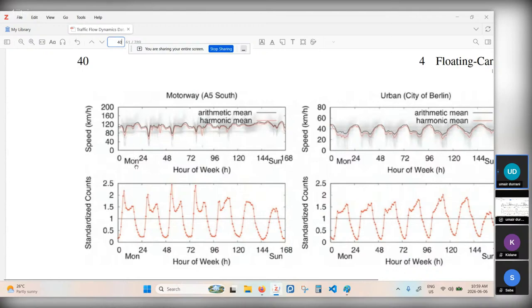Similarly, on a weekday, we can see that there are dips. So, for example, between 0 to 24 hours, we have Monday, and we see this dip in the speed, which is representing the morning peak hour, I believe. And then we have another morning peak hour for the next day, for Tuesday, and it goes on until it shows us the weekends.